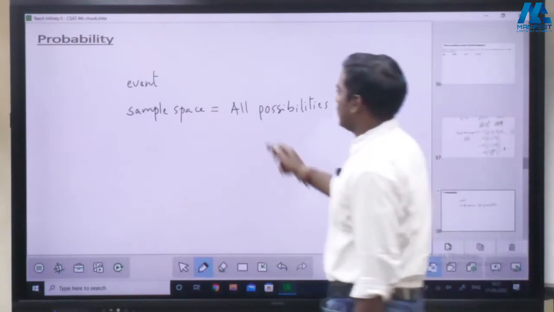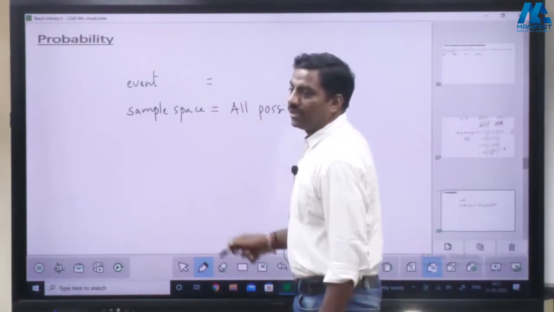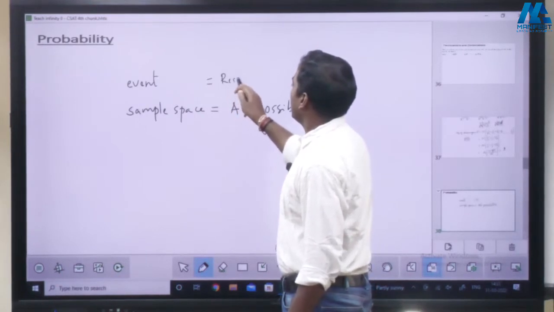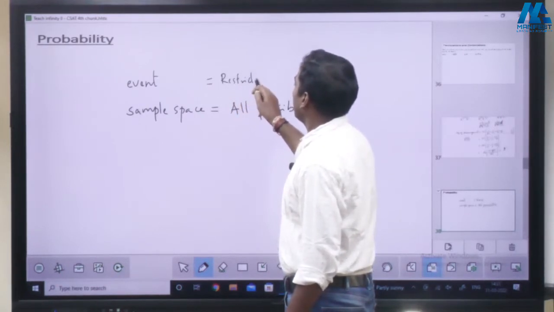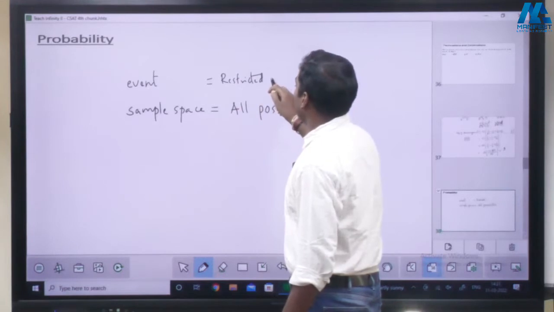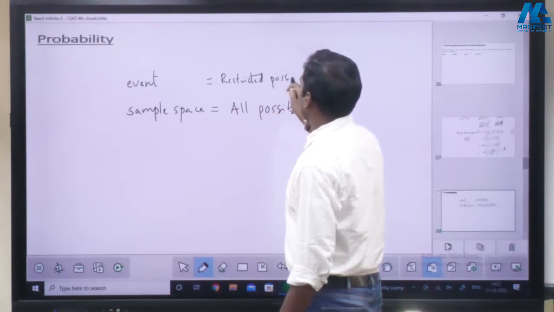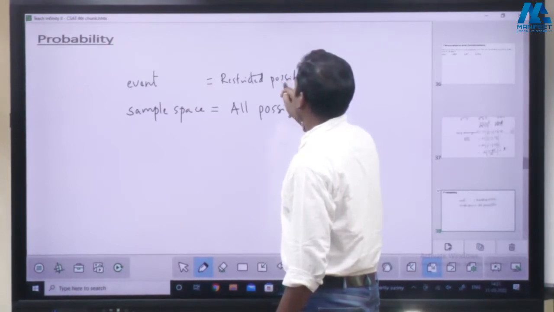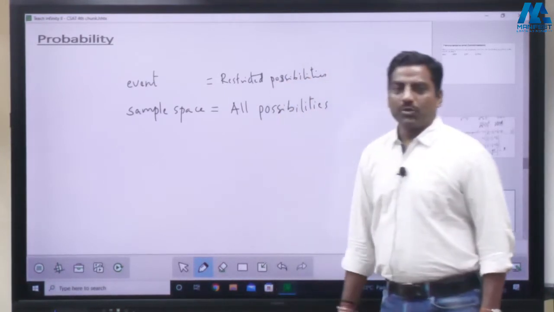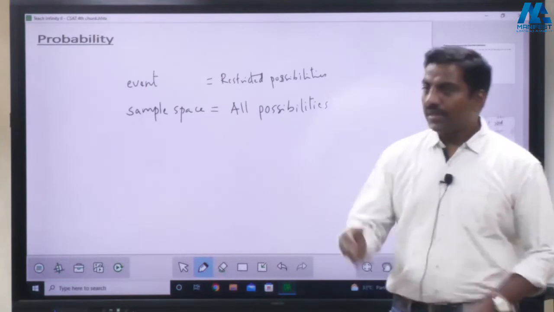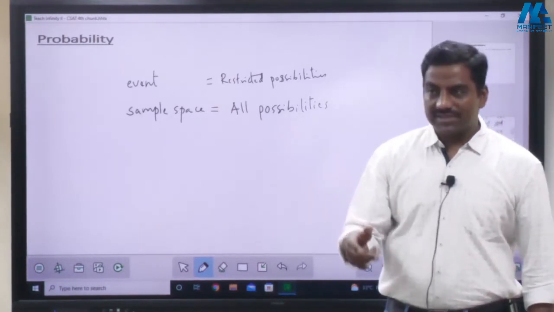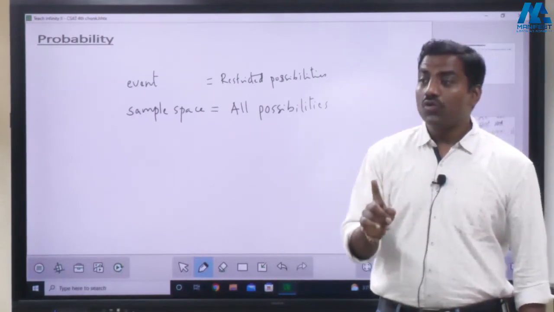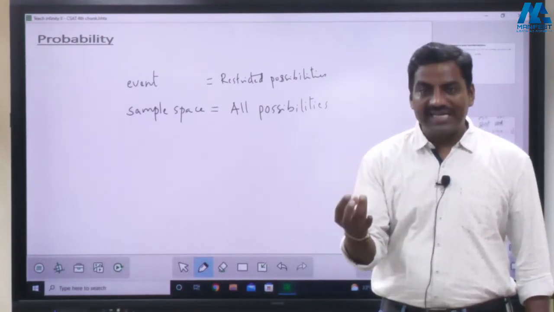Events means restricted possibilities. You have 6 chances when you roll a dice. Let's say you got 5. Getting a 5 on your dice is an event.